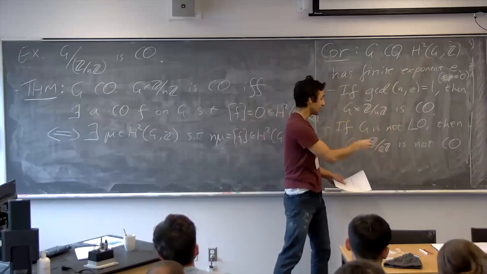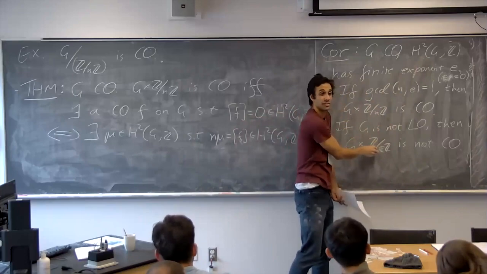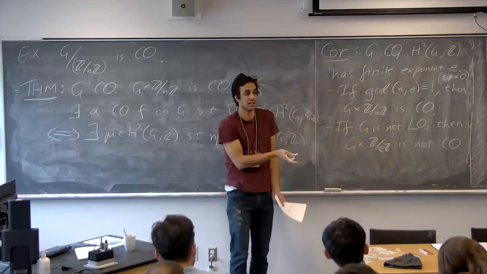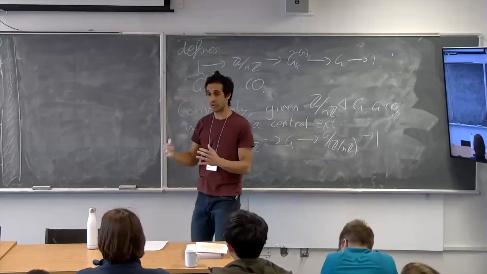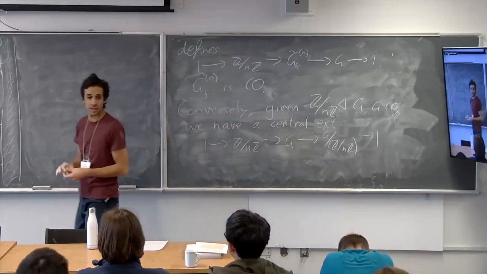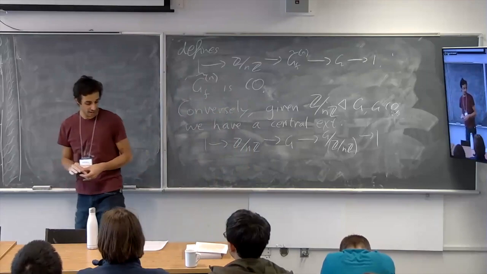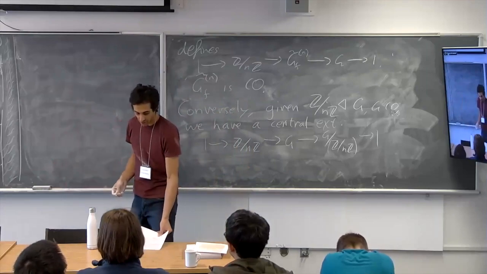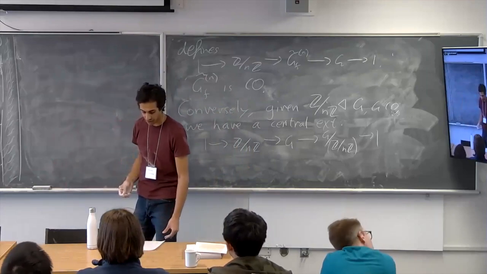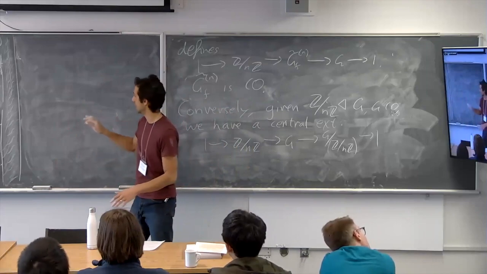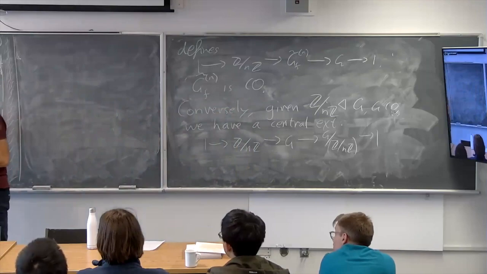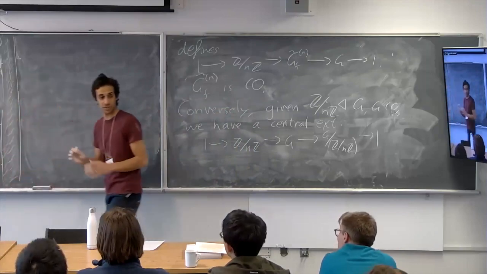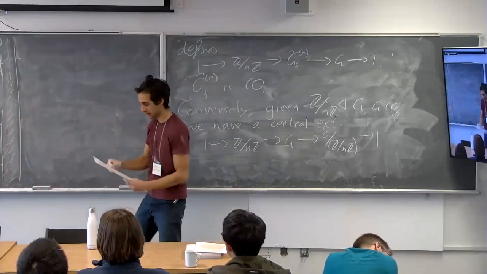So now there are no non-trivial elements that are divisible by E, because the exponent is E. Okay, so this is direct products with finite cyclic groups. And I just want to tell you about a theorem that says you should focus on these guys, G times Z mod NZ.